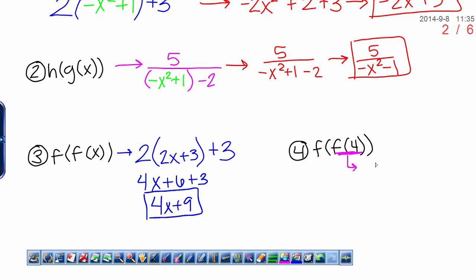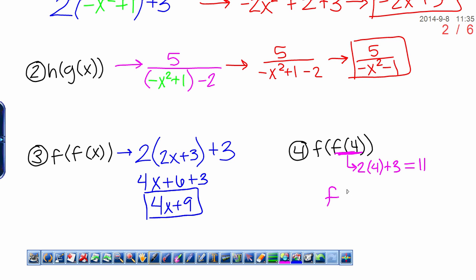What do you get when you do f of 4? 11. How would I do that? I'll put it into 2x plus 3. So 2 times 4 plus 3. What does that give me? 11. So now I wanted f of f of 4. Well, what did I just find out f of 4 was? We found 11, a new x.